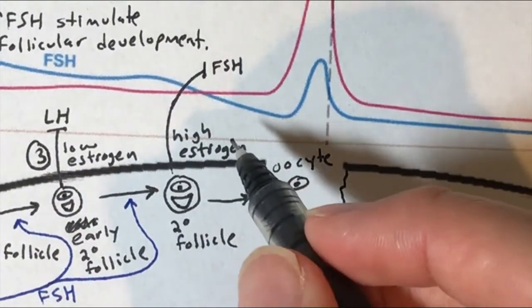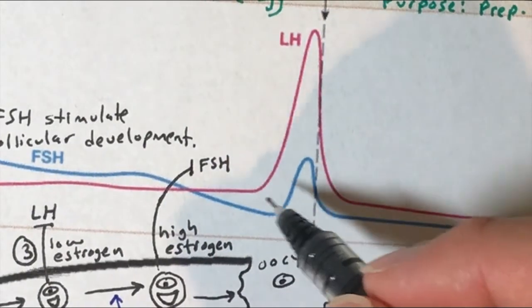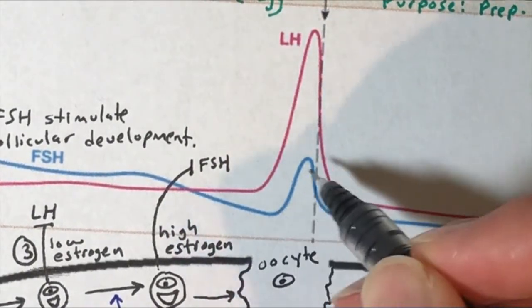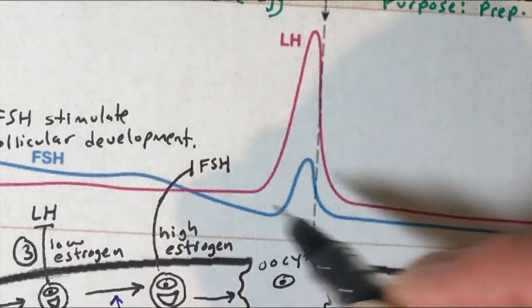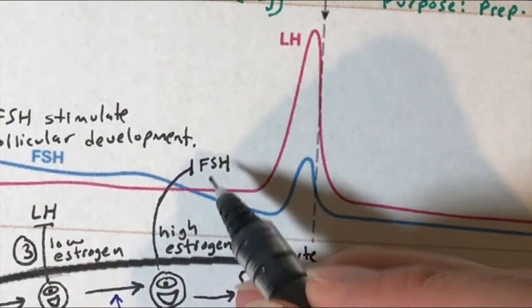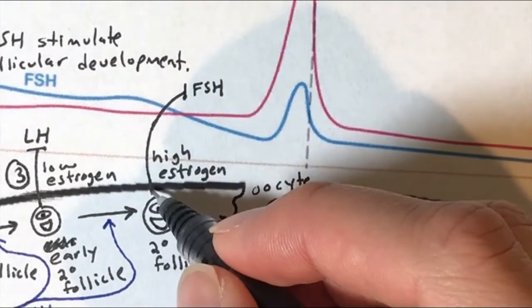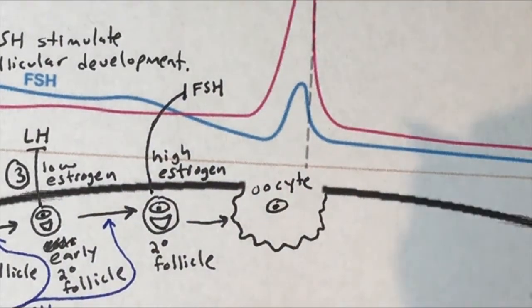But this doesn't help explain why FSH then increases in concentration. How can it possibly increase if it's being inhibited? So this is probably the most confusing part of the whole worksheet.